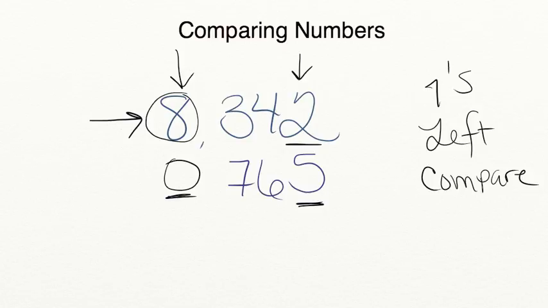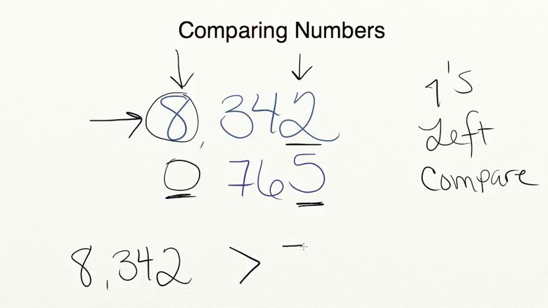Now that we have decided which number is larger, we need to write this down. So we're going to say that 8,342 is greater than 765. So let's look at this symbol right here, this greater than symbol.